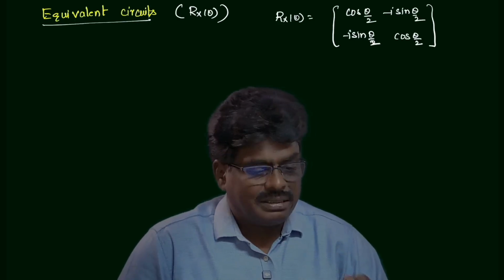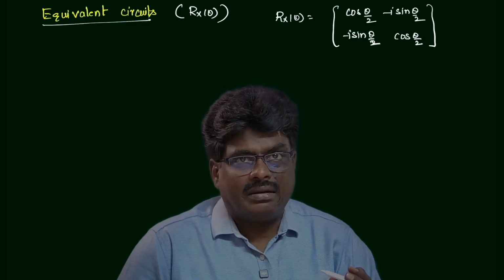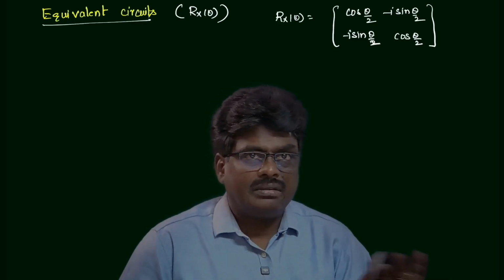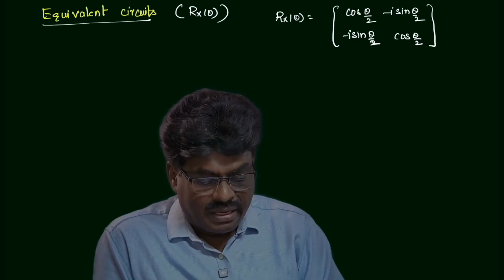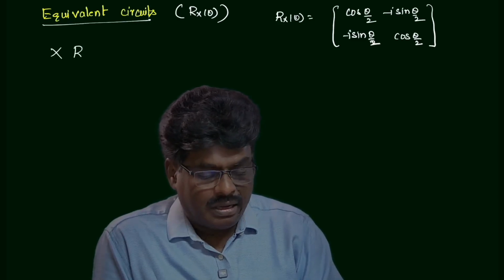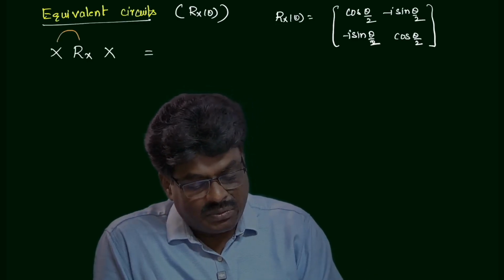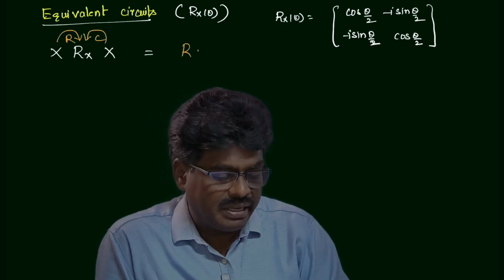The reason is that x is the Pauli X matrix, and this is the rotation about the x-axis. That's why this behavior came. What I'm saying is, if you take x, Rx and x, then this will interchange the rows and this will interchange the columns, and again you are getting Rx.